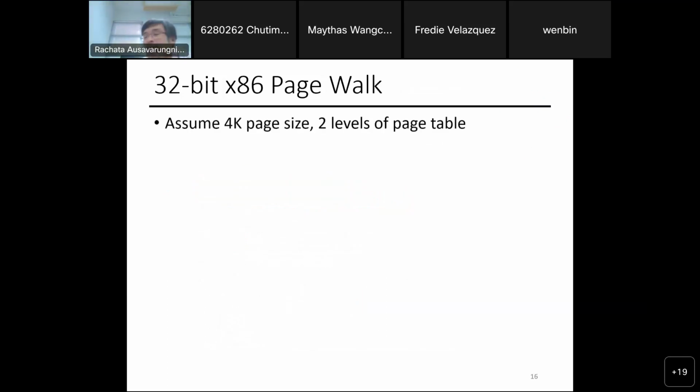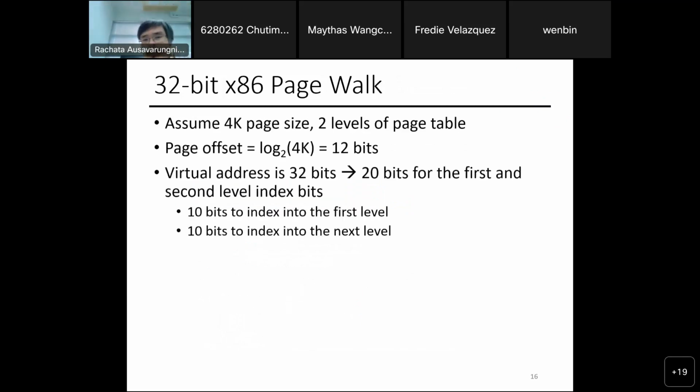When I do the page walk, as I said, let's assume 4K page size and 2 levels of page table. So my page offset is going to be the last 12 bits. The virtual address is 32 bits, so if I use the last 12 bits for my offset, it means the page offset is 12 bits, and the remaining 20 bits are for the virtual page number.